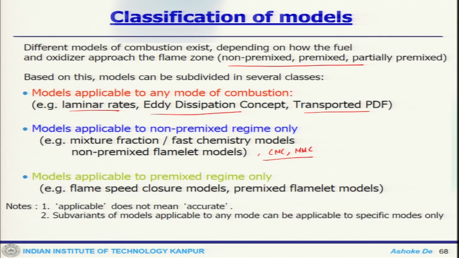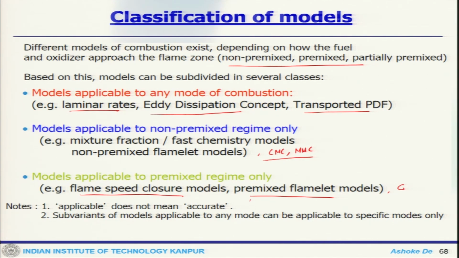When you move to the premix, it requires a lot of theoretical modification, which is applicable to the premix zone. That is the flame surface closure model or flame speed closure models, premix flamelet model, G equation models and other models like that. Essentially you try to capture the flame topology.